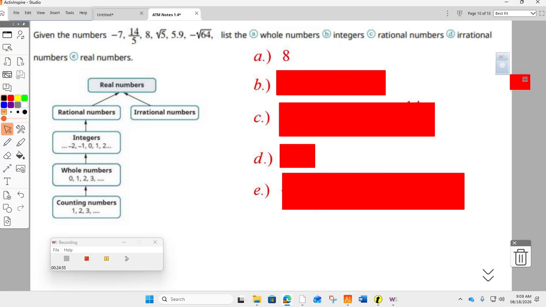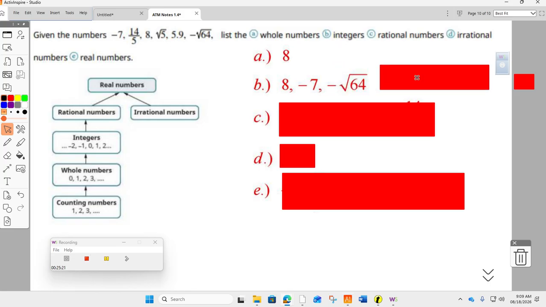Integers. What are the integers in this list, Hudson? 7, 8, and also the opposite of the square root of 64, right?